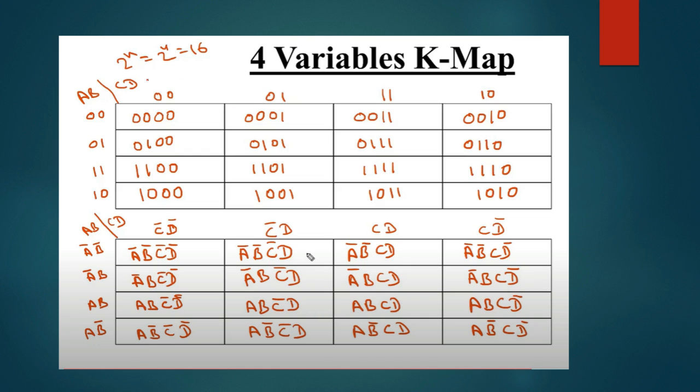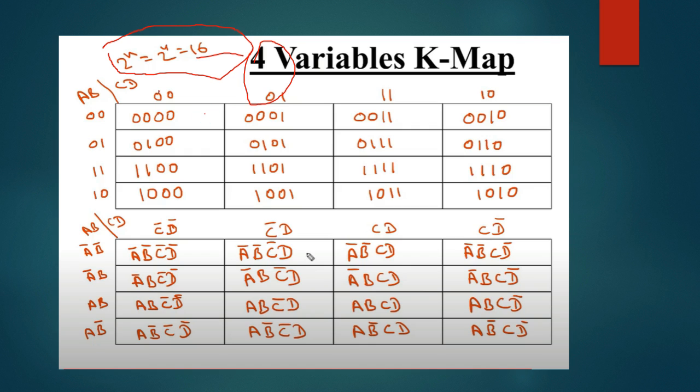What we do for a 4 variable Karnaugh map, the first thing is to check how many cells there will be. As we have 4 variables, there will be 2 to the power 4, that is 16 cells.